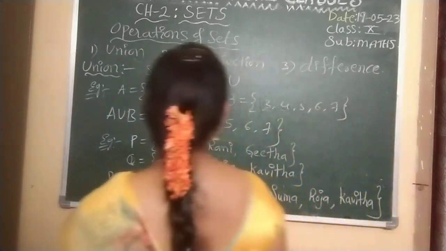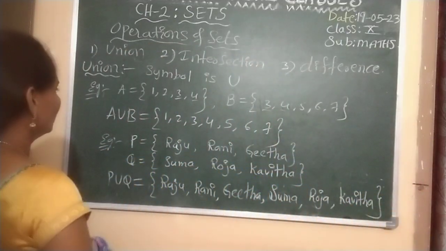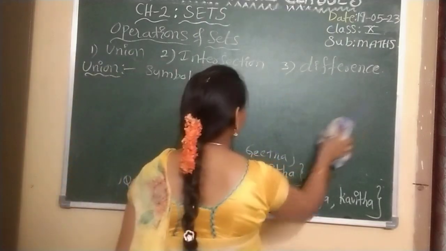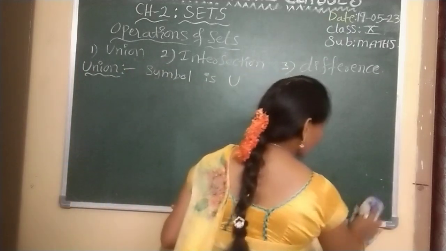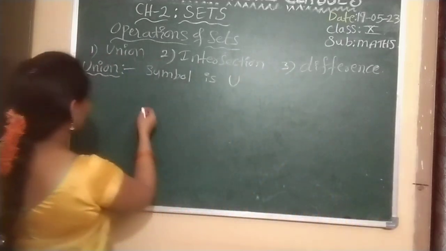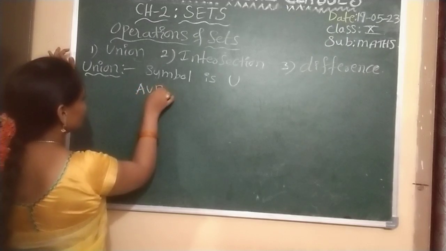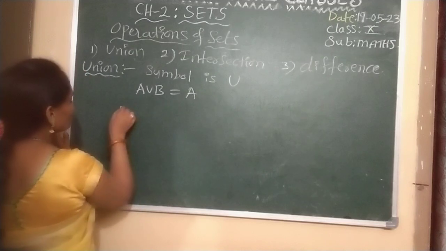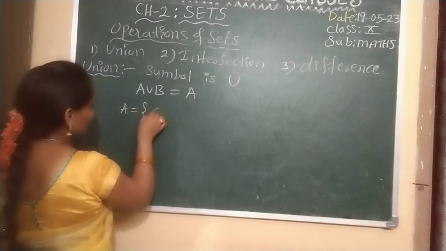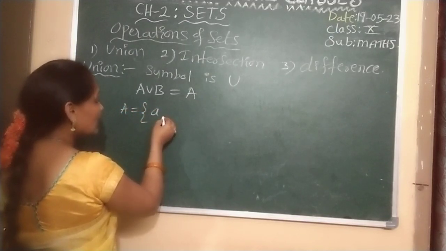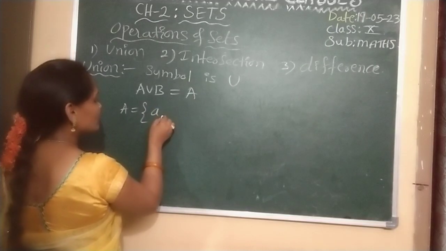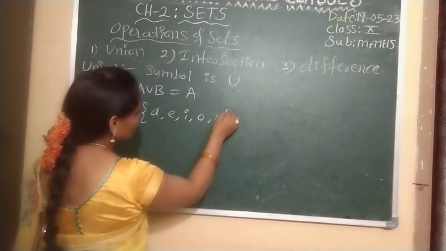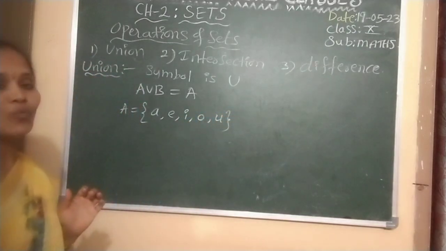Now let us show that A union B is equal to A in a particular case. Suppose set A has the alphabets A, E, I, O, U. What are these alphabets? Vowels.